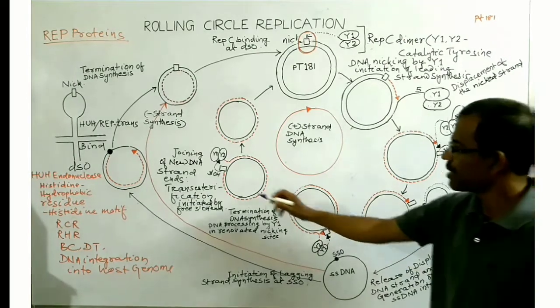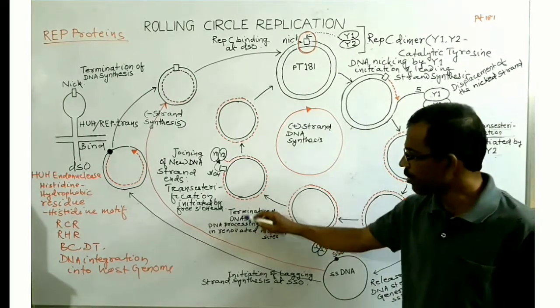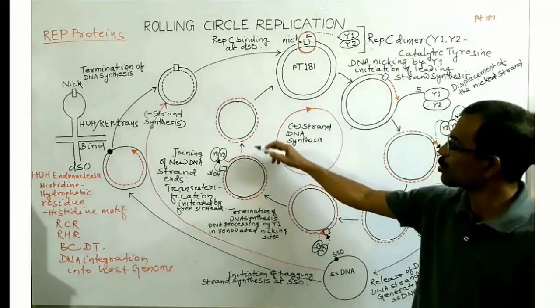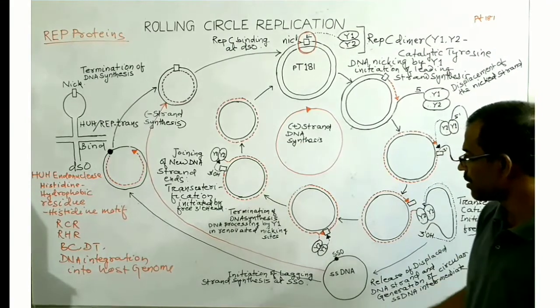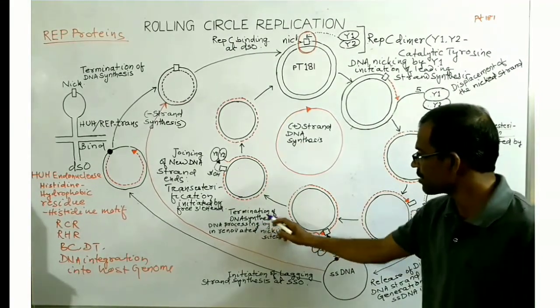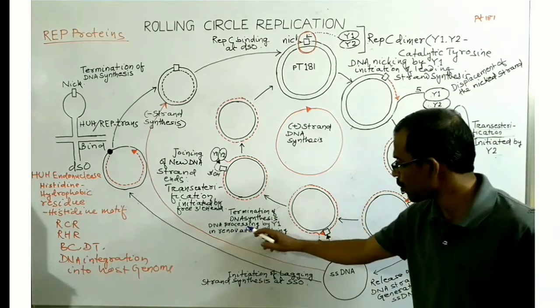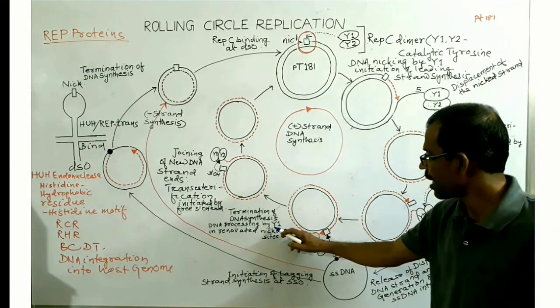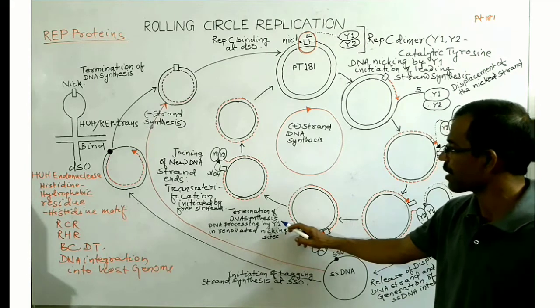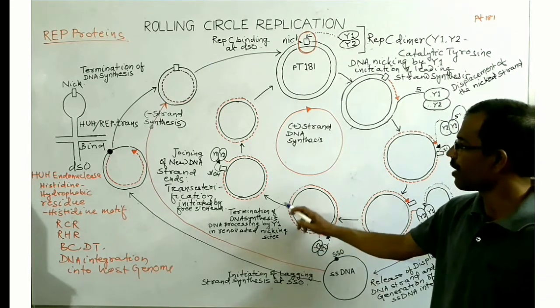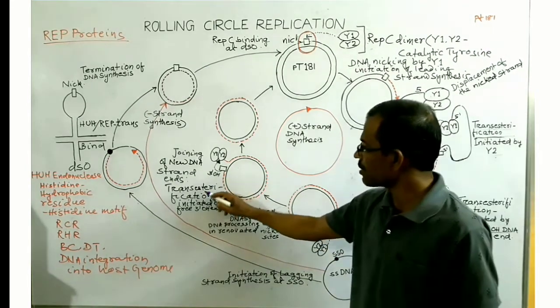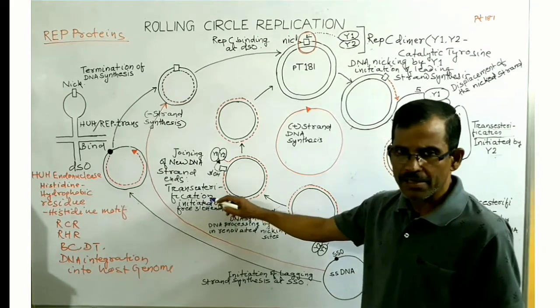Further, there are some additional reactions that occur during the synthesis of the leading strand. So the DNA synthesis is terminated and also DNA processing occurs with the help of Y1 catalytic tyrosine residue. And finally, there is another transesterification reaction.